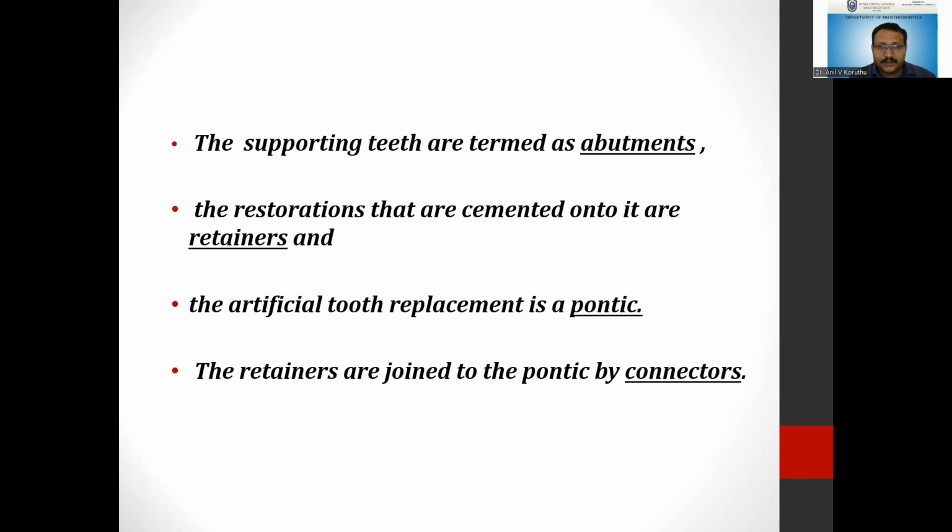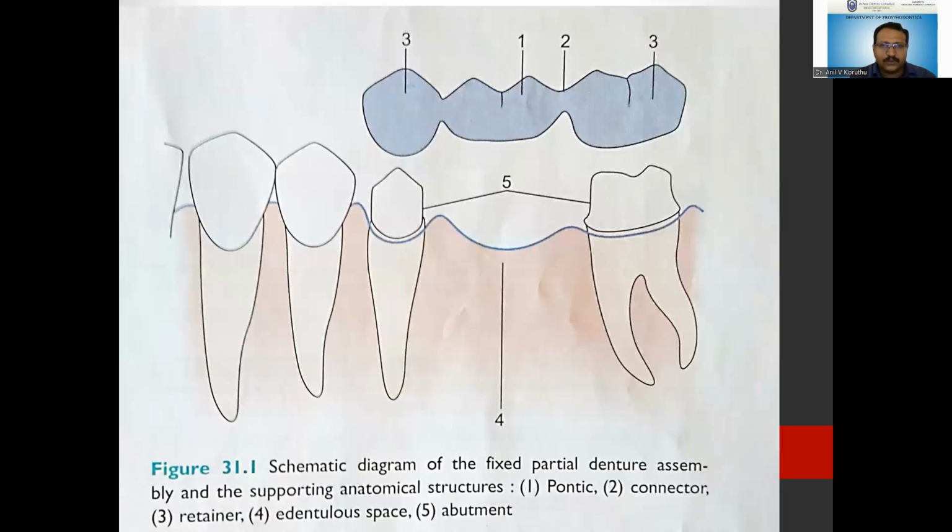One is the abutment, which is the supporting tooth, the second is the retainer, and the third is the pontic. The pontic is the tooth which comes in between the abutments, and these pontics are connected to the retainers with the help of connectors. Hope it is clear.